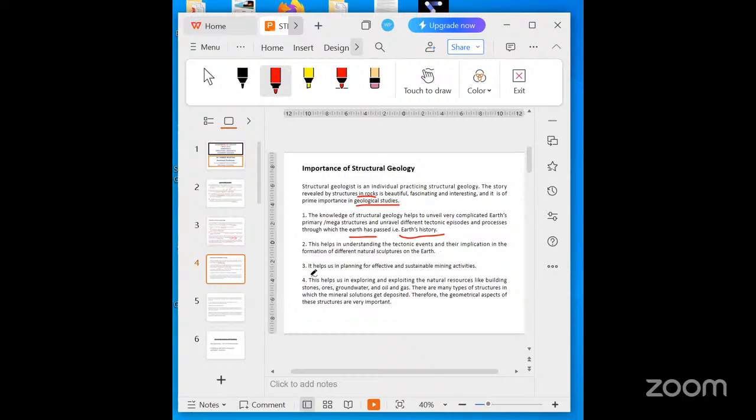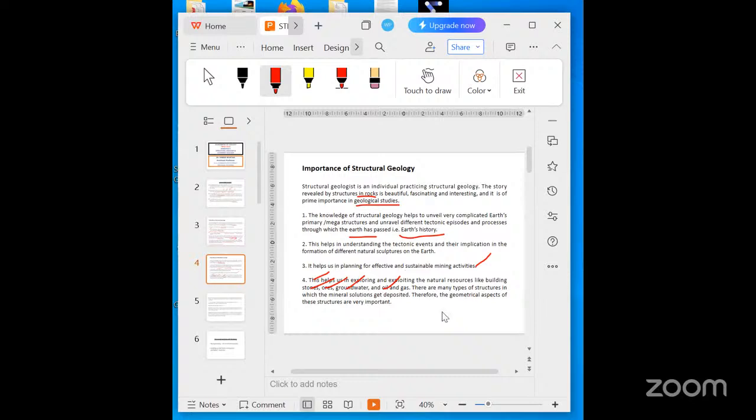Also, it helps us in planning for effective and sustainable mining activities. Structural geology helps us in exploring and exploiting natural resources like building stones, ore mining, groundwater, and also oil and gas, right?